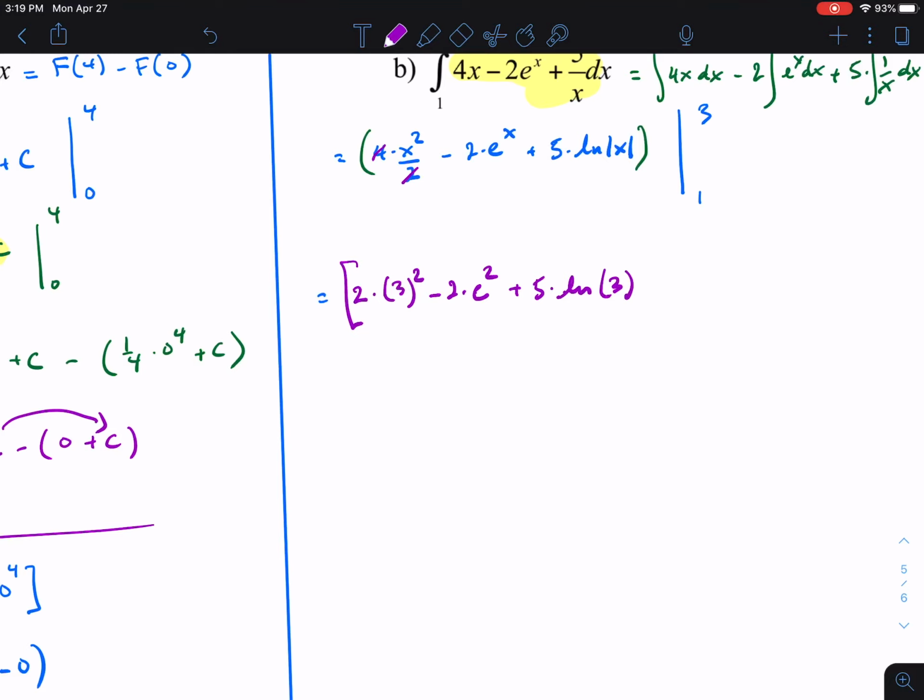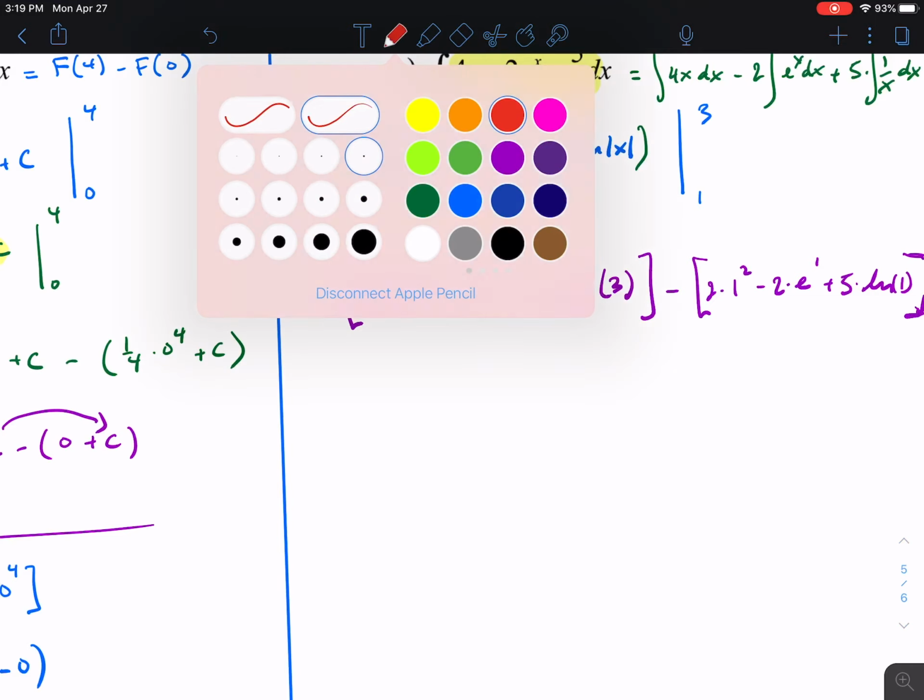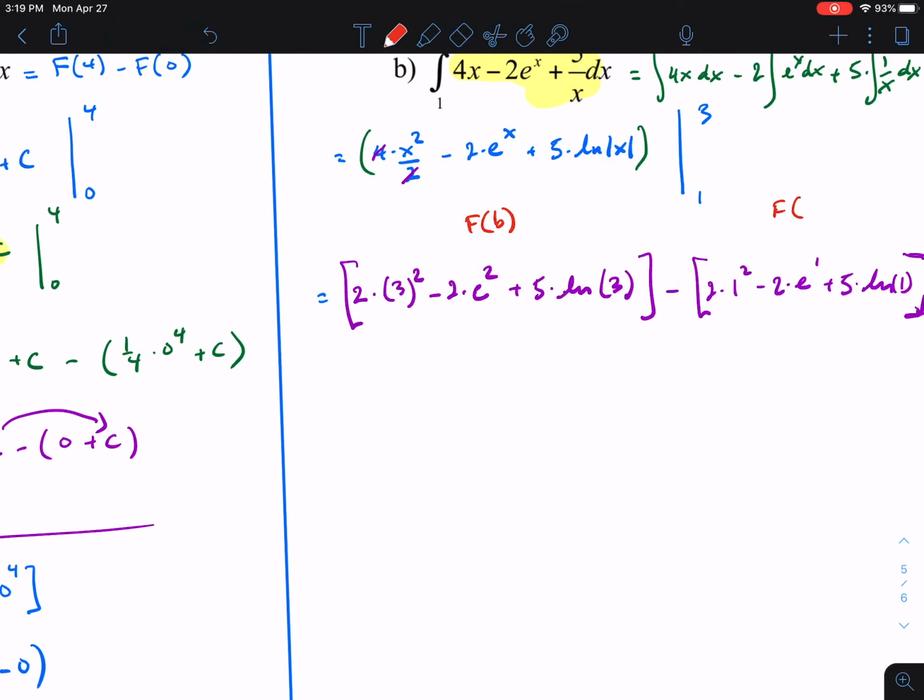This is all capital F of b right there. Minus, bracket, 2 times 1 squared minus 2 times e to the first plus 5 times natural log of 1. So this here is all capital F of a.